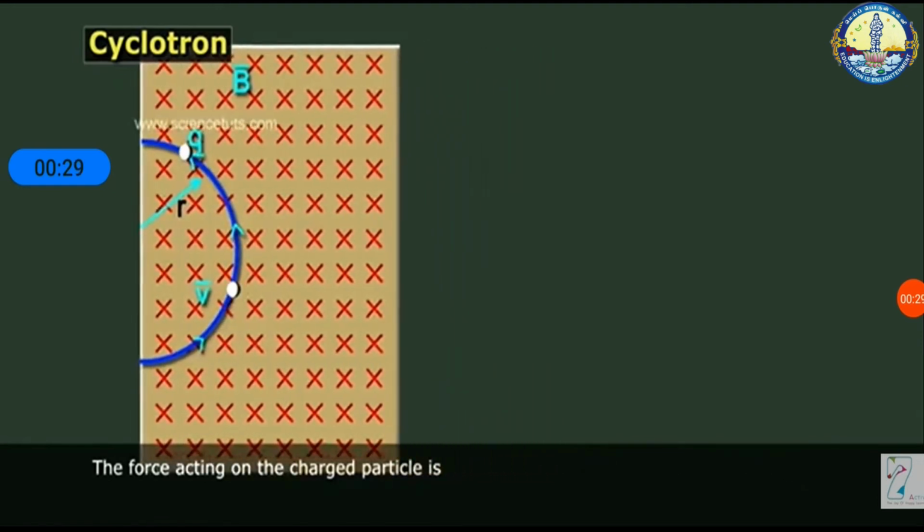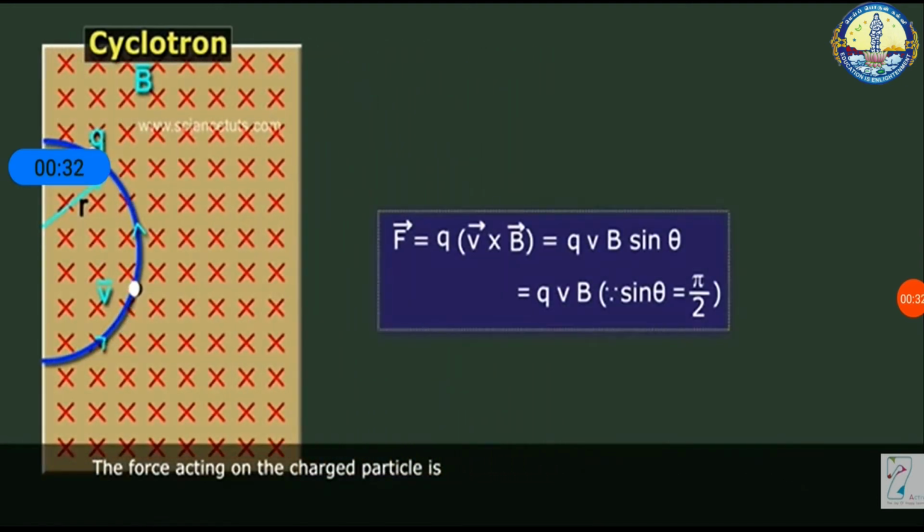The force acting on a charged particle is F = Q(v × B), where v is the velocity and B is the magnetic field. So F = QvB sin θ, where θ = π/2.